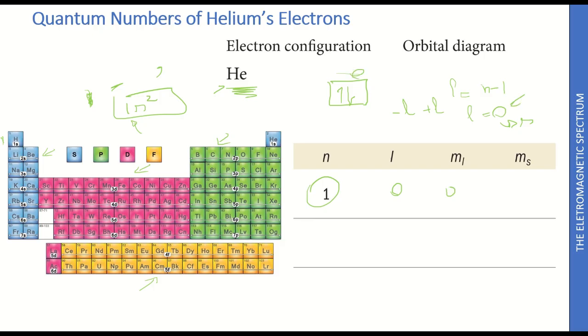So ML is 0. MS, so up, first electron, positive half. Okay? Then we go to the second electron. We're going to have the same level, same sublevel, same M sub L, but different spin. Okay? Easy.